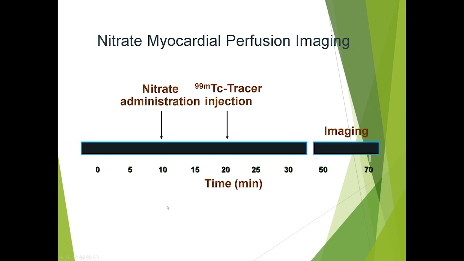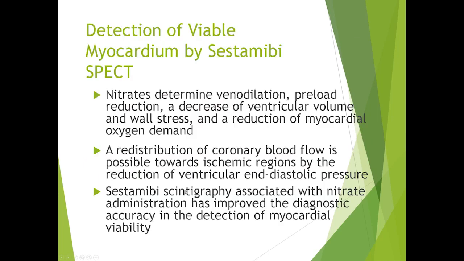There is another protocol using technetium-based SPECT tracers, such as sestamibi and even tetrofosmin, where you can do a baseline technetium rest study, and then you give nitrate administration, followed by a technetium tracer injection, and then you image following that, and then you compare the pre and post nitrate images. And what do they do?